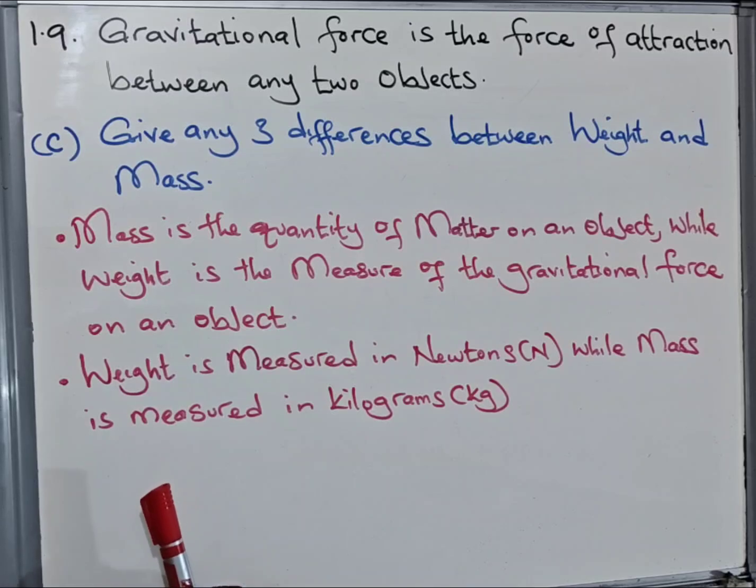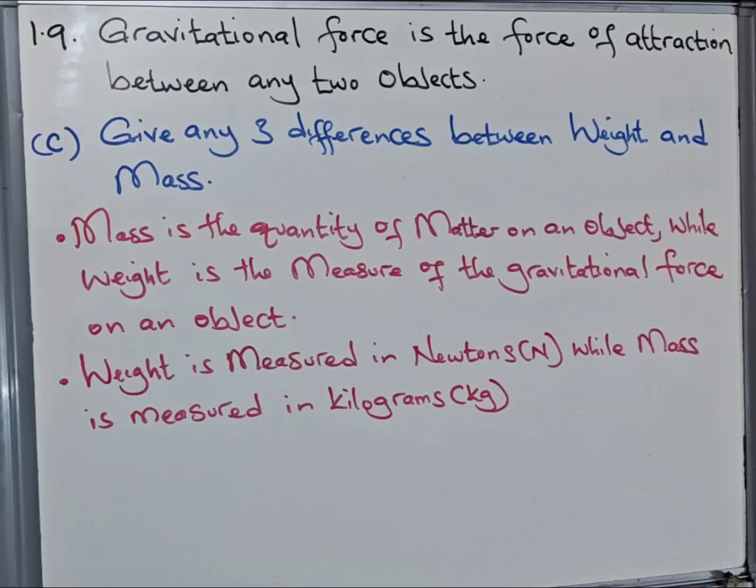Then the third difference is that mass is constant. It doesn't change. If you have mass here and it's 2 kilograms, it's going to be 2 kilograms when you take it to the moon. While weight changes. Actually, on Earth, weight changes from place to place because the Earth is not perfectly spherical.